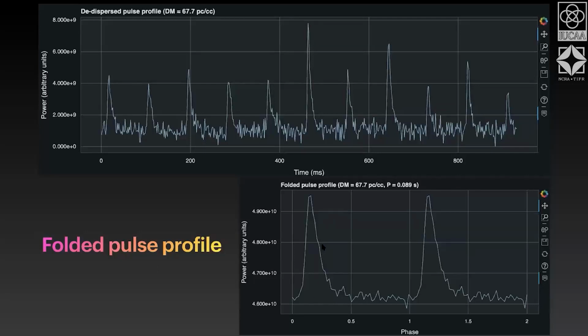What you'll notice is, as Desh was mentioning, there's significant scatter broadening of this profile. Essentially, what it does is it spreads out the contribution due to the pulse.